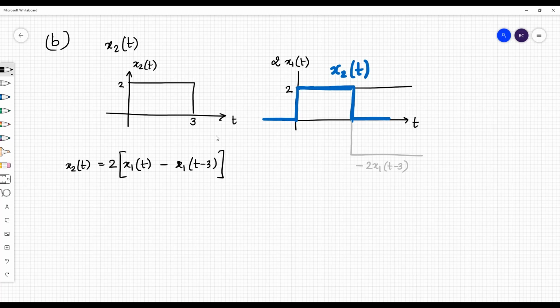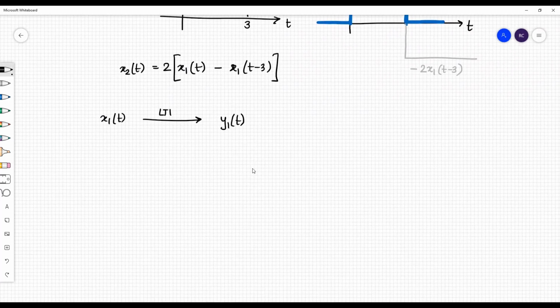And because this is an LTI system, if x1(t) fed into an LTI system gives y1(t), then twice of x1(t) minus x1(t-3), if this is fed into the same system, what should it give?